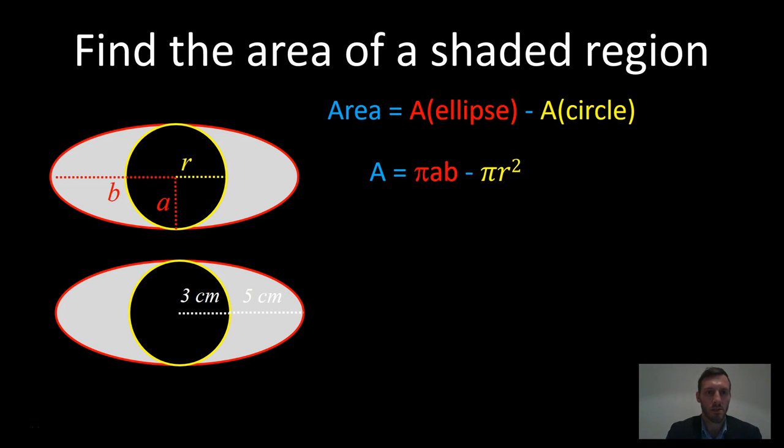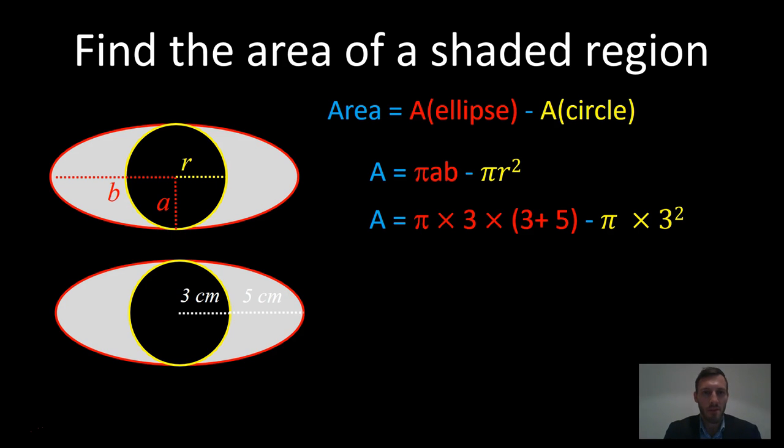Here we've got the example with some numbers. You'll notice that in the first instance, it doesn't look like we're given A from the above diagram. But because it's a circle, the 3 centimeters is the radius, and that's also going to be A for the ellipse. So we can write those numbers into our formula. We have pi times 3, which is the radius of the circle, which is also A in the example above for the ellipse.